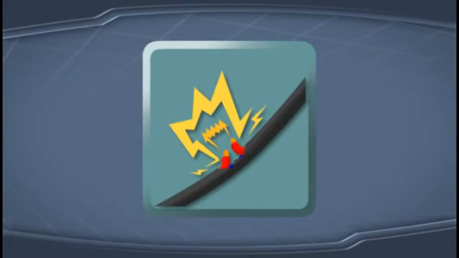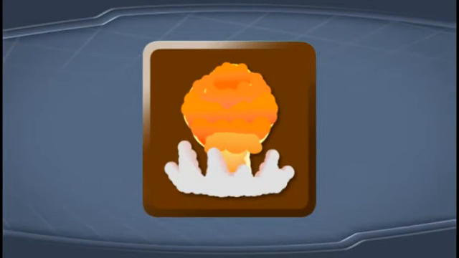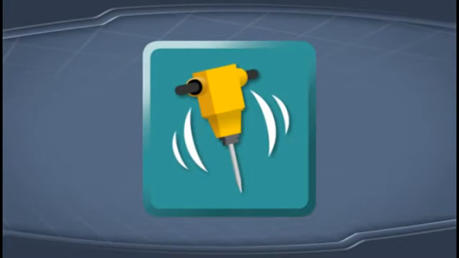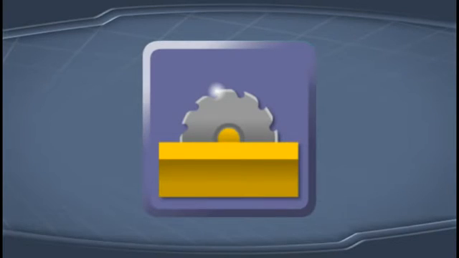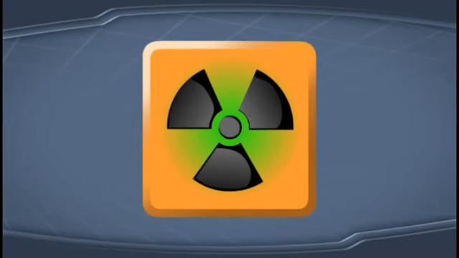Electrical hazards, including shocks, short circuits, static, fires, and loss of power. Explosion hazards due to pressure differences or combustible materials. Mechanical vibration hazards, including vibrations that can cause bodily damage or damage a machine. Mechanical failure hazards that could break a machine. Hazards caused by blades and sharp objects. And radiation hazards.